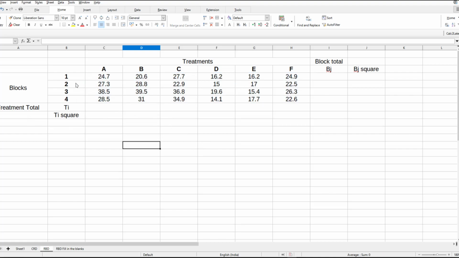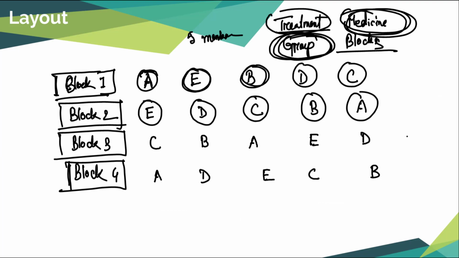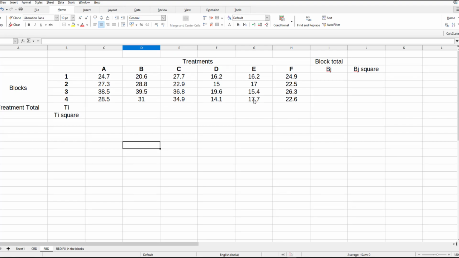It is not necessary that the data given in the question will be as symmetric as this. It may be given completely randomly, just like in this example. Here we have blocks 1, 2, 3, 4, but the treatment values are randomly allocated. So the question may give you values randomly, and then you will have to create this table by yourself.